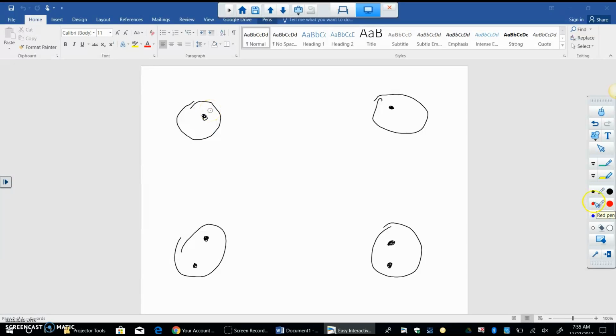We will see something that looks a little bit like this. Some of them would be marked and some of them wouldn't be marked.